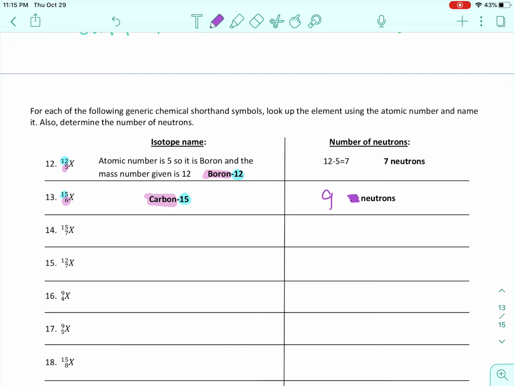It is in fact 9. 9 neutrons for carbon 15. I can write that a little bit neater, I think. There we go. All right, so for the next one, the atomic number 7, that's going to be nitrogen. So nitrogen 15, and 15 minus 7 is going to be 8 neutrons.